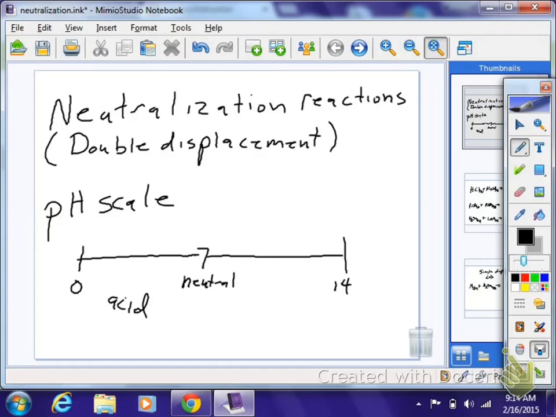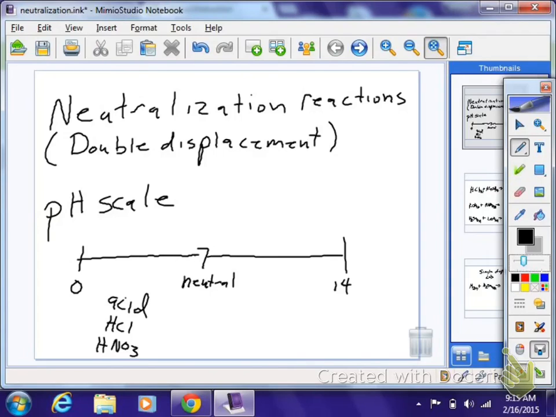Later on, we'll reintroduce this to you. But 0 is strong. Where it gets close to neutral, it's weak. So those types of acids would be like HCl, HNO3. Right, so those are acids, and we could list a bunch of them out.